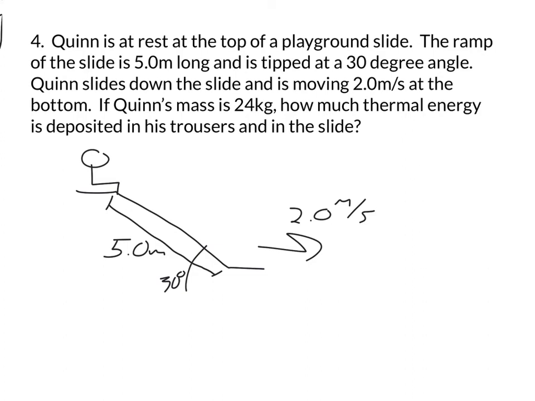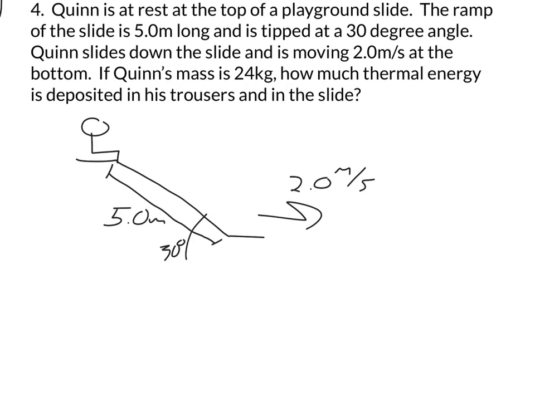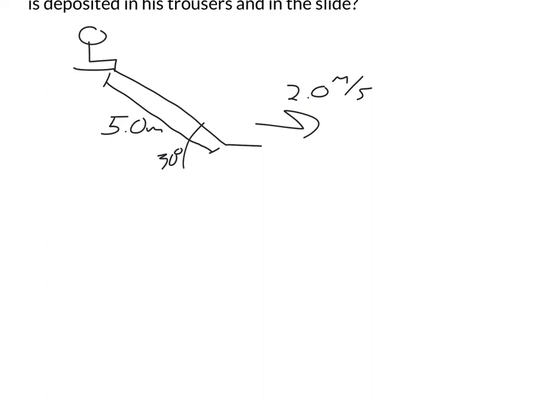Well, let's do it this way. All I need is the height first, because the angle shouldn't make a difference, right? It's only how far he falls. The length of the slide will make a difference if there's friction, if we were calculating it that way. But so I'm going to redraw this slide like a triangle, and it's the vertical leg of that triangle that I care about.